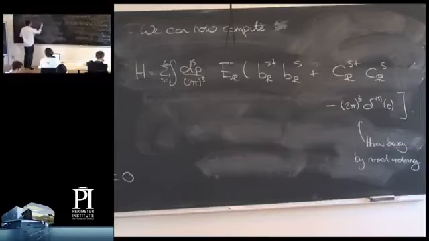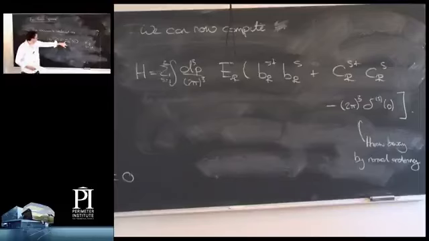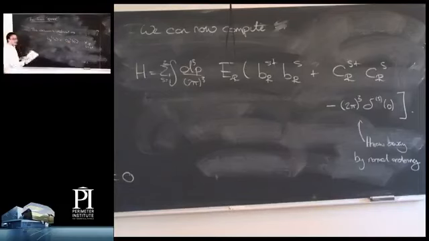The vacuum is defined as the state which is killed by all the annihilation operators. So there's an infinite number of annihilation operators now, because they're labeled by momentum p, but there's also two spin states of the particles, which you could think of as spin up and spin down. Questions? So what do those annihilation operators do?